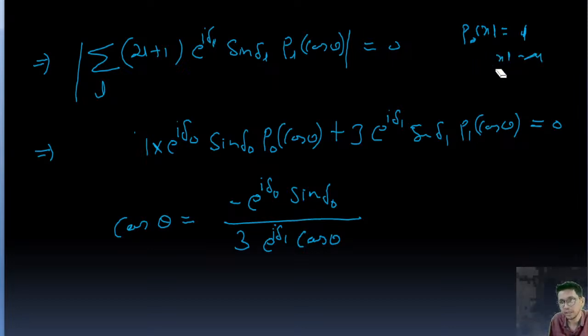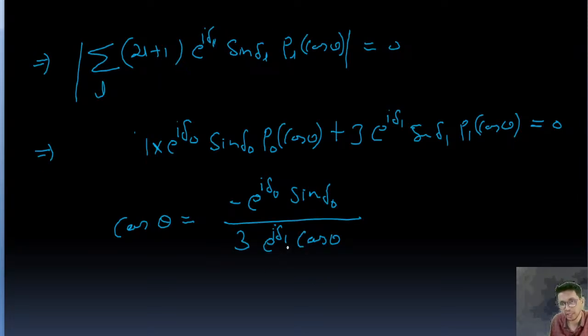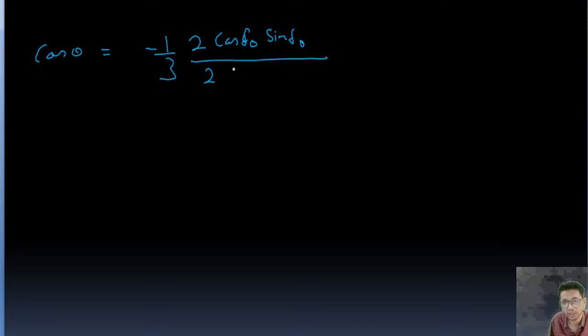In this way, P0 cos theta value is 1 and P1 cos theta value is cos theta. Okay, so this is going to be 2. Again, I will open this e to the power iota delta 1, and I will neglect this imaginary part, I'll take only the real part. So this is going to be 2 cos delta 1.